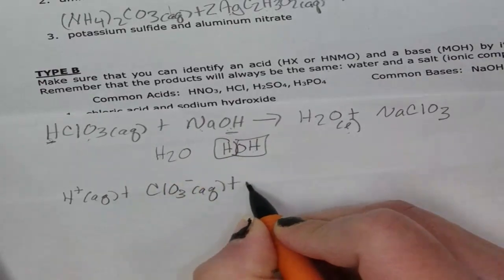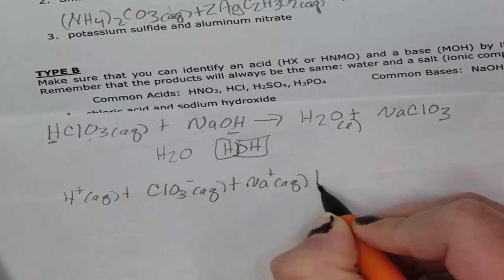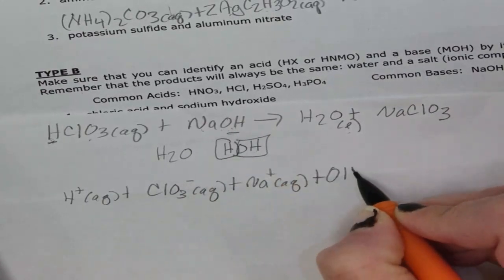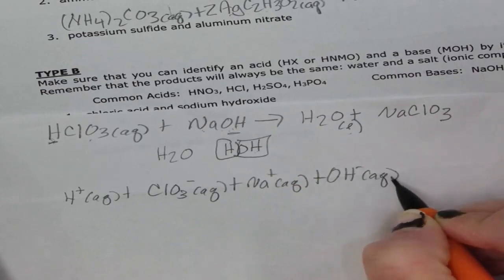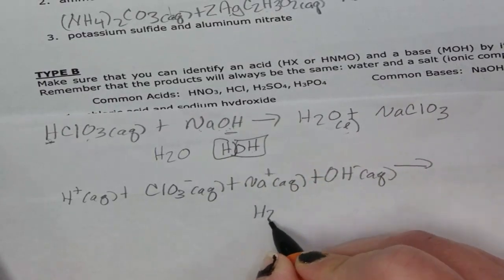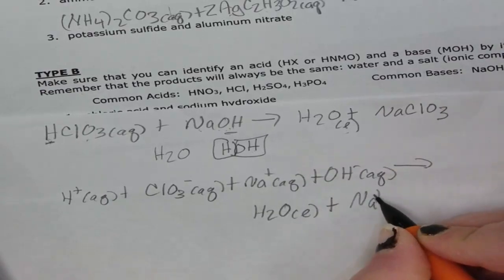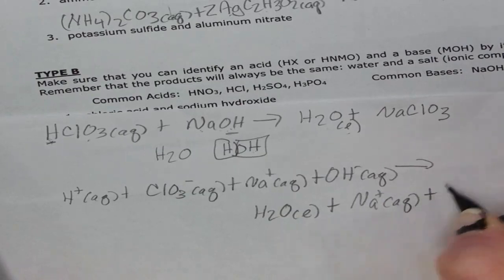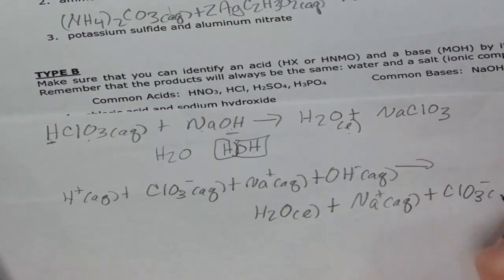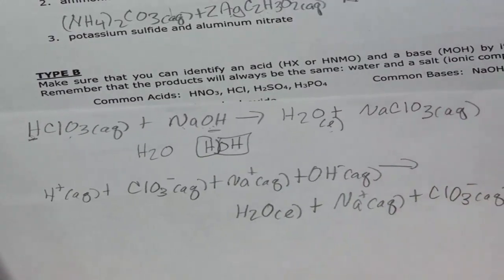All right, plus my sodium, plus my hydroxide, and this is going to give me water and sodium and chlorate. That's aqueous. Group 1A is aqueous.